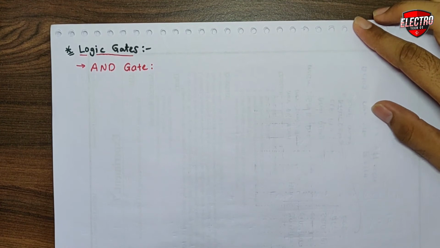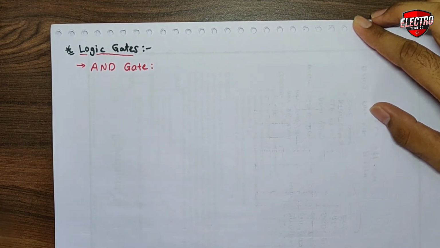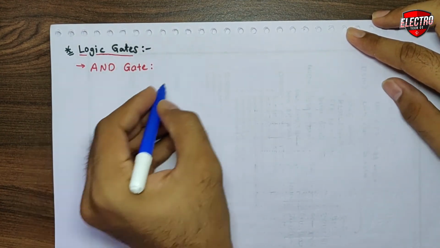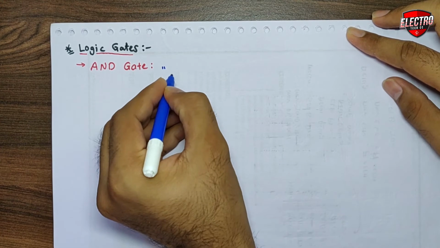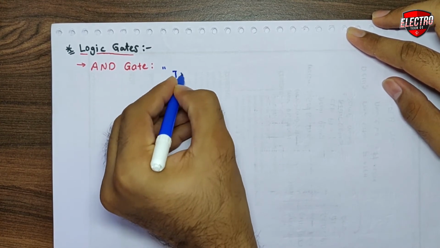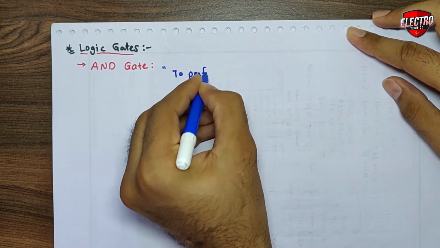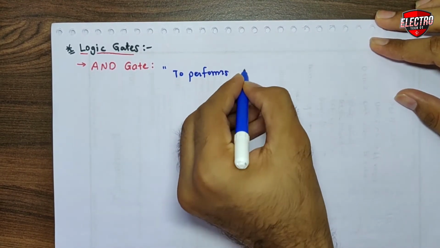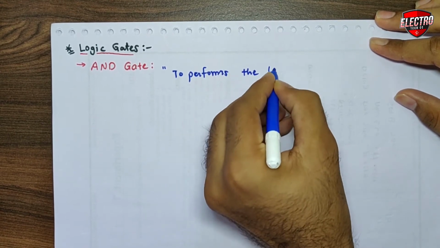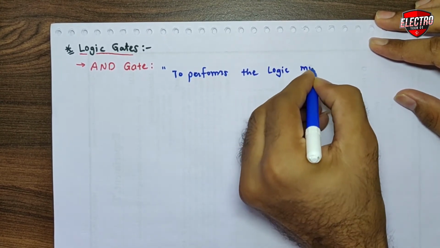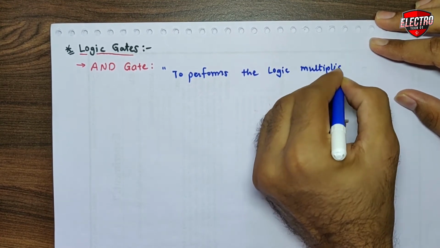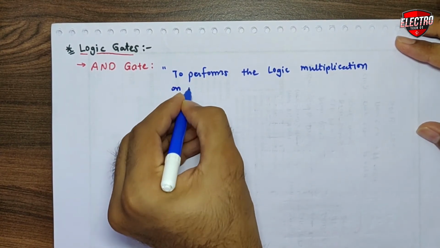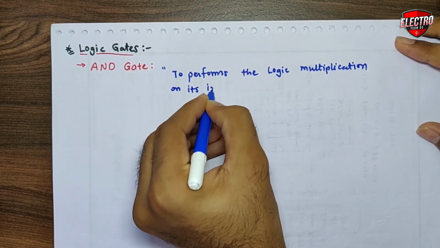The function of the AND gate is to produce a multiplication logic of its input. So let's note down. The function of the AND gate is to perform logic multiplication on its inputs.